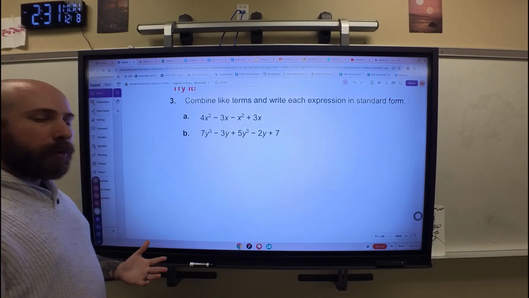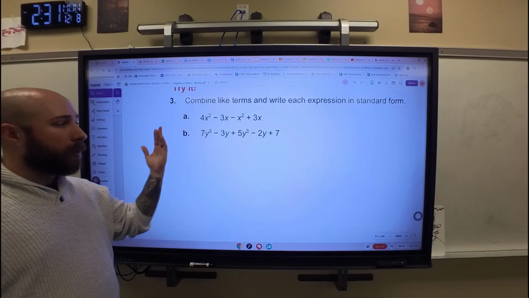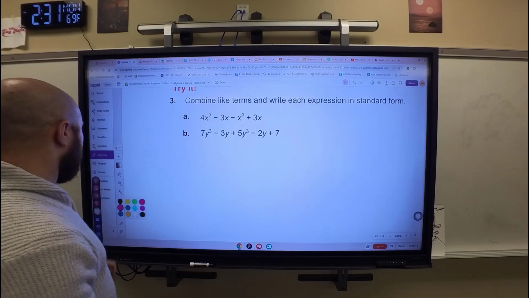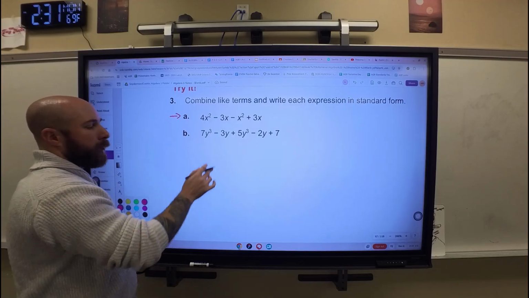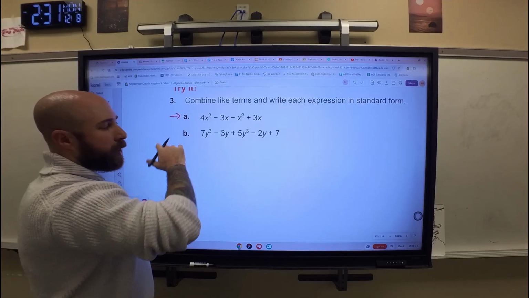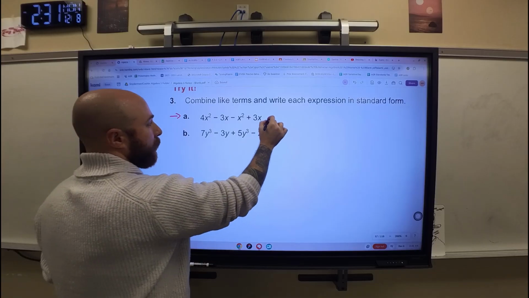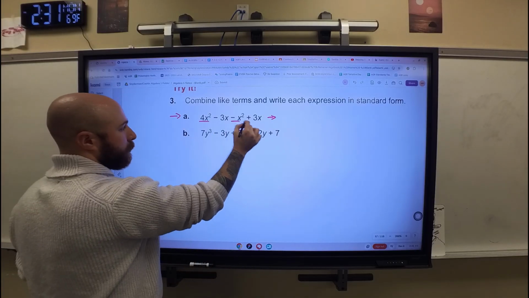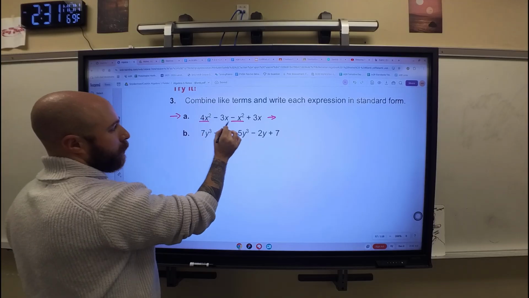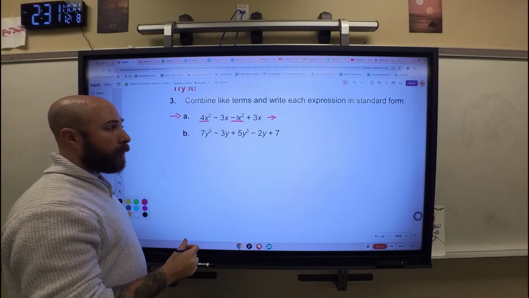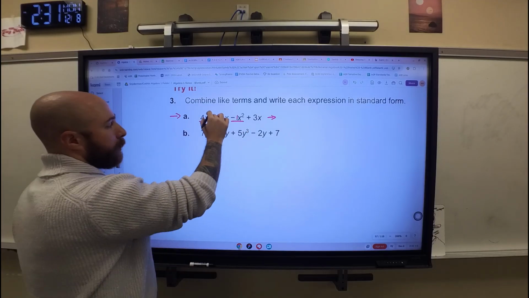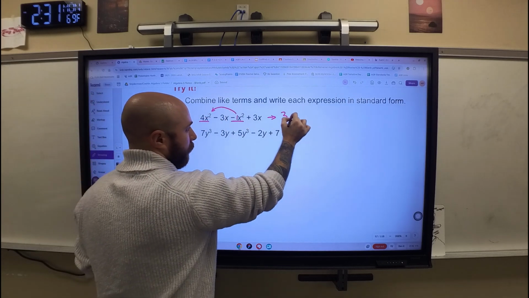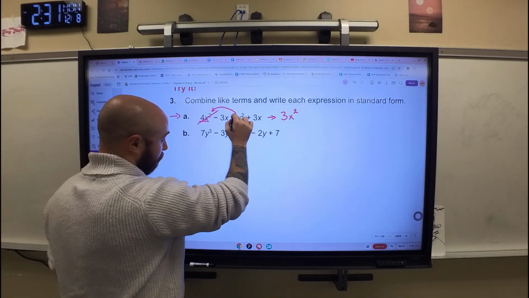But what we can also do is just combine like terms and write in standard form. So if we look at number 3, part A, we can see we have a bunch of terms here, but we have things that can combine. But again, let's start with our highest exponent. We have an exponent of 2, so we have a 4x squared and a negative 1x squared. So we're just going to combine them together. 4 minus 1 leaves me with a 3x squared.